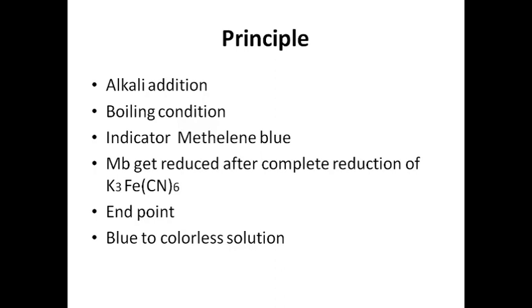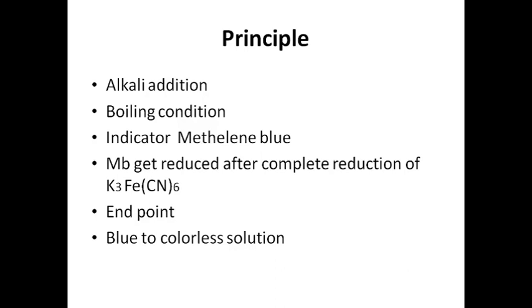Potassium ferricyanide solution is treated with alkali and boiled. The mixture is titrated with the sugar solution. When the yellow color has nearly disappeared, a drop of methylene blue is added. The titration is continued until the color is discharged.